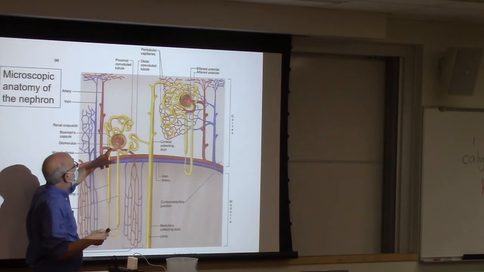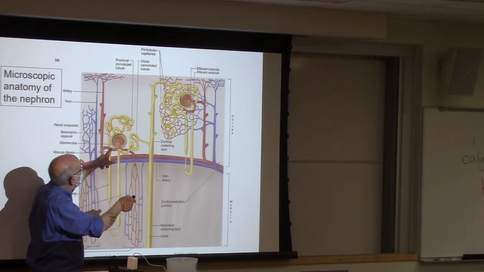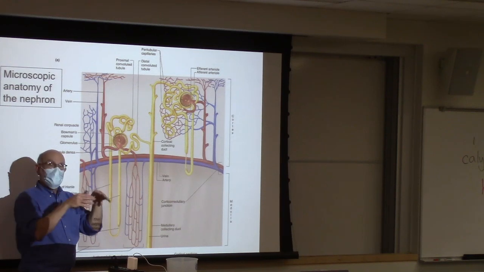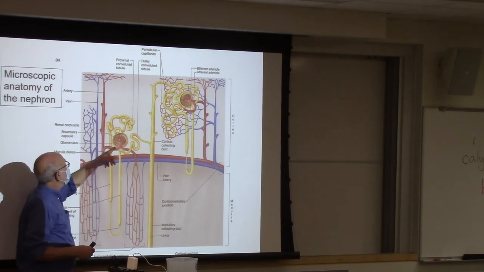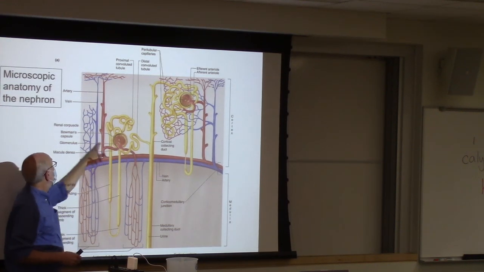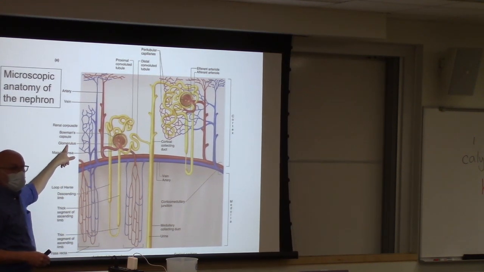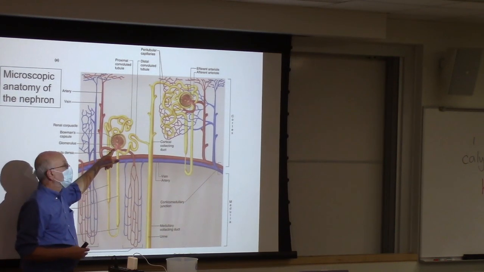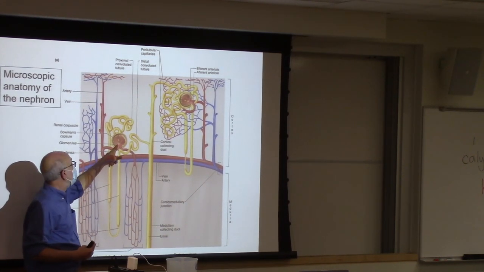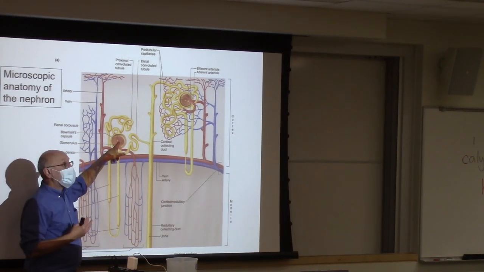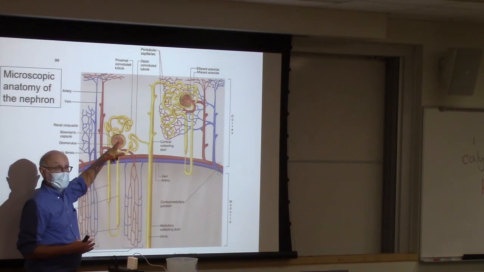This is an afferent arteriole. Afferent means going into. It's going into a structure called the glomerulus. So the afferent arteriole brings arterial blood into the glomerulus. And this is where filtration is going to happen.